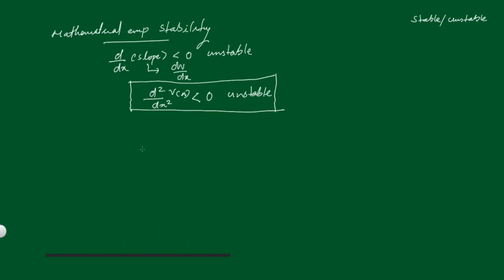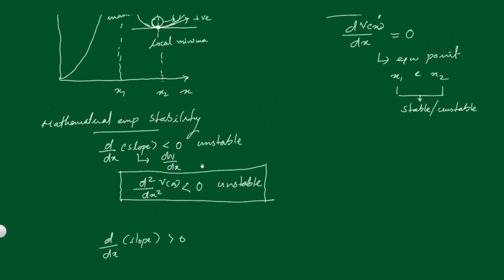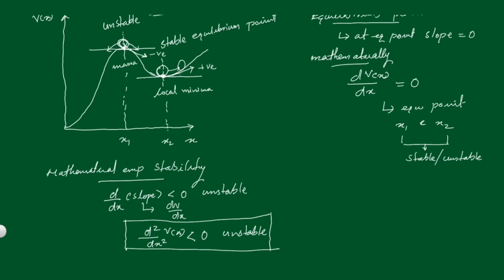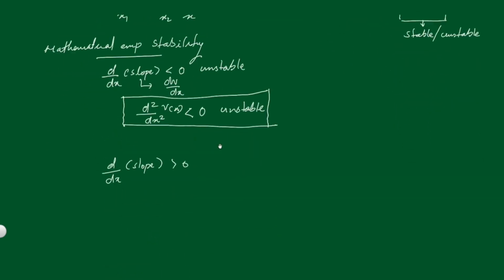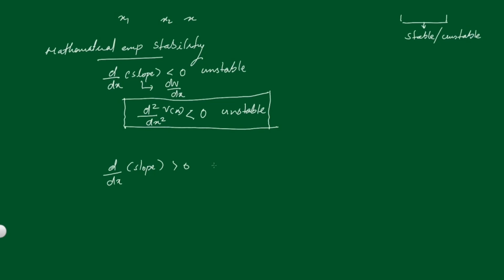Now we have to find out the condition for stable equilibrium. So d by dx of slope, if it is greater than 0: in this graph you can see the slope is positive, so the variation of slope with respect to position is positive. So this is the condition for a stable equilibrium point.